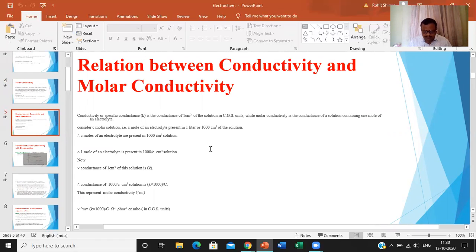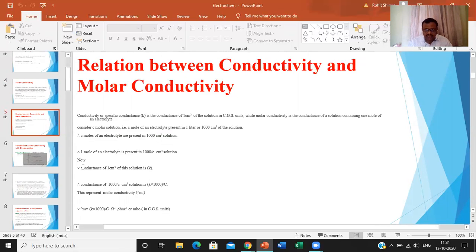Consider C moles of an electrolyte are present in 1000 centimeter cube of solution. Therefore, 1 mole of an electrolyte is present in 1000 upon C centimeter cube of solution.